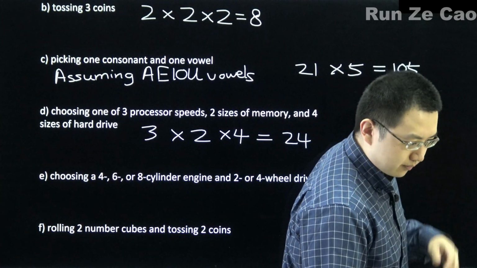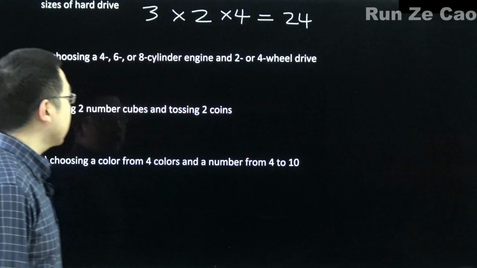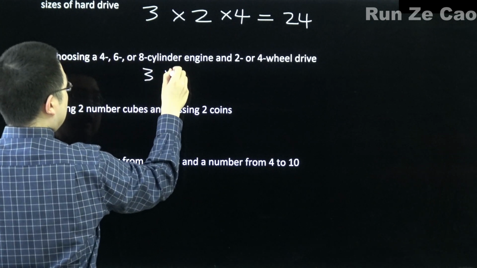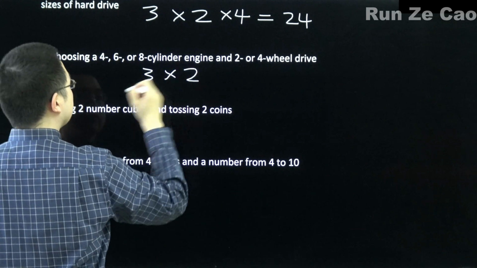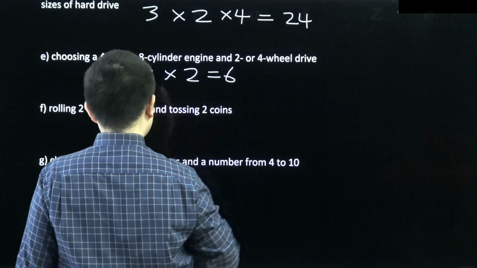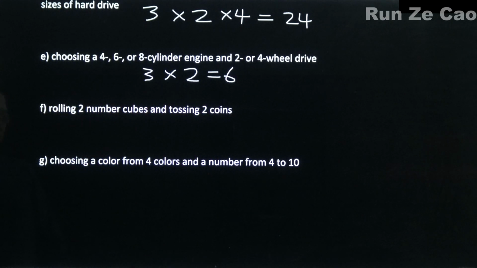Now, let's say you're choosing a 4, 6, or 8-cylinder engine, so 3 engine choices times 2 drive choices. This would give you 6 combinations, or 6 outcomes.